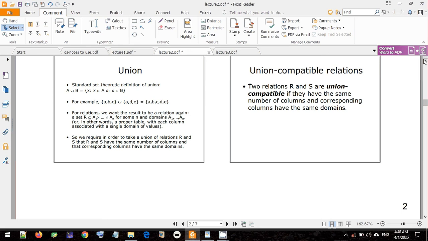Union compatible relations: two relations R and S are union compatible if they have the same number of columns and the corresponding columns have the same domains. What are the conditions? The same number of columns and the corresponding columns have the same domains. Those are the two most important rules, so just keep in your head: the same number of columns and the same domains.